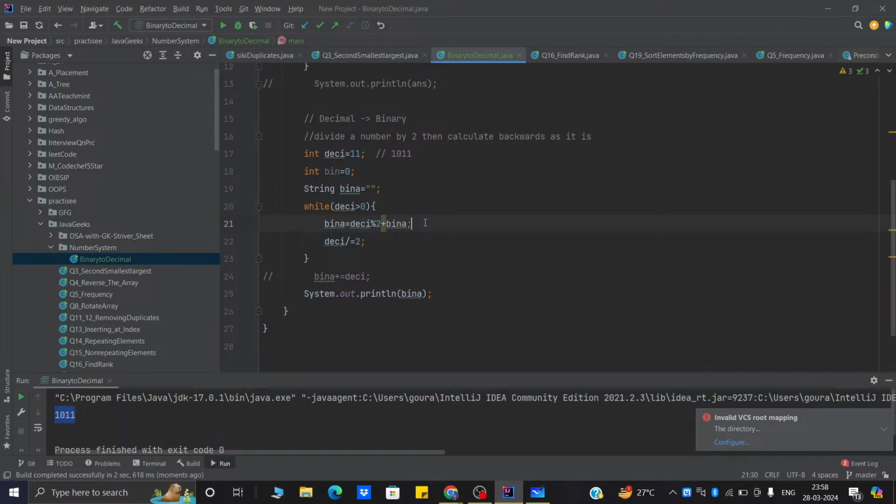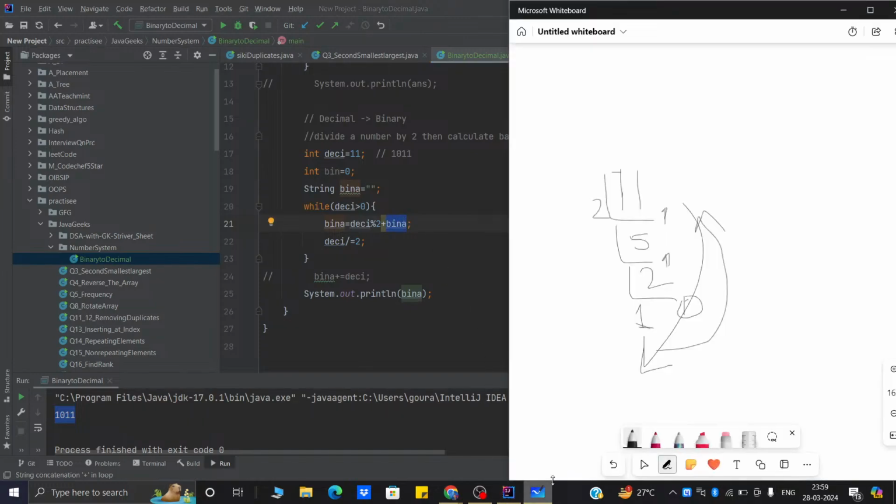Yes, yes. Okay, so what I am doing is, let's say at first it is 1. What is happening is it is adding the number at the last of it.